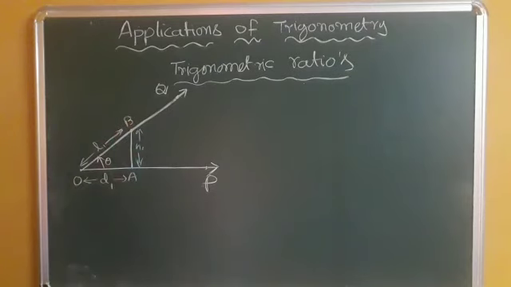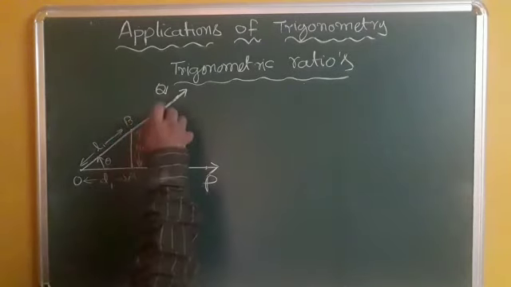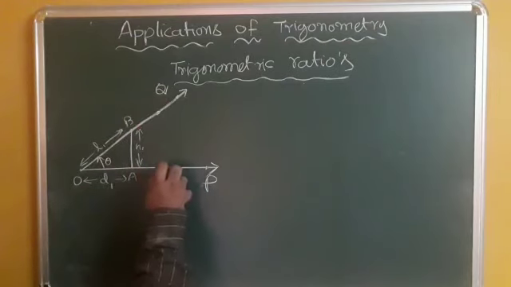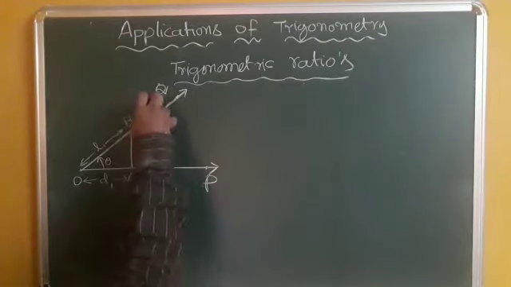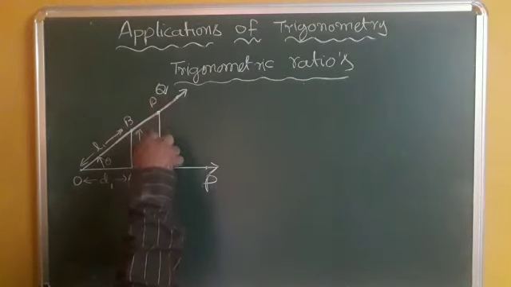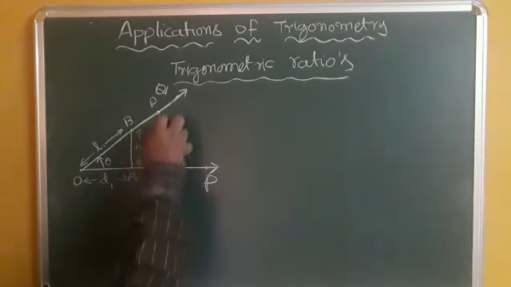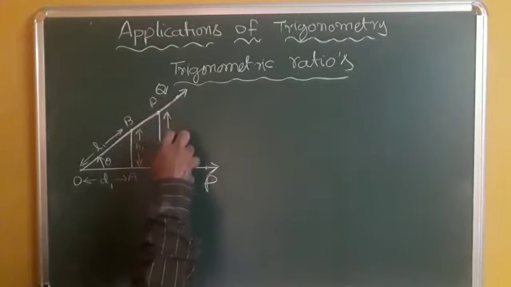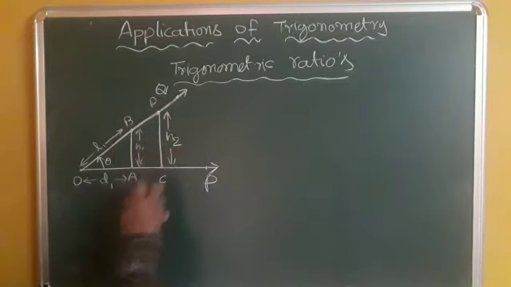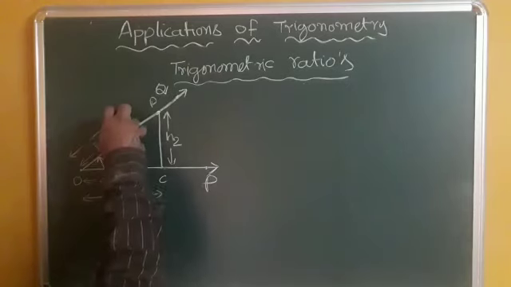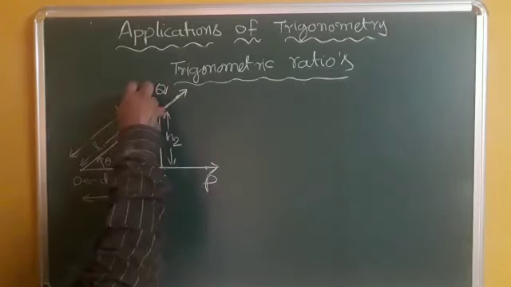I will take another point and join CD. Its height is H2, the horizontal distance is D2, and the stretched length L2 also changes.